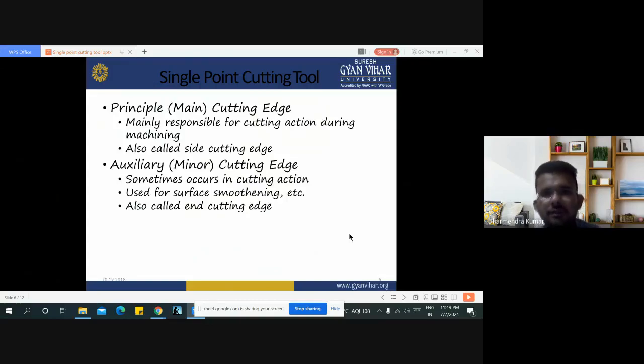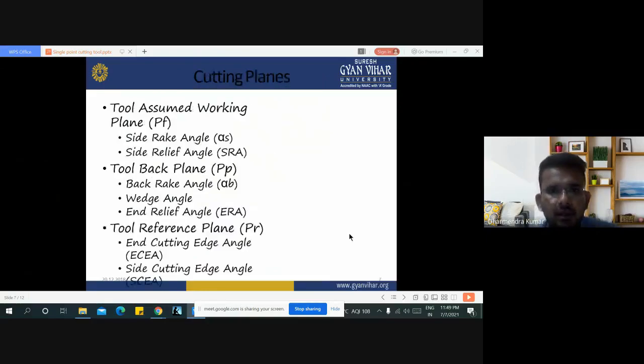The auxiliary or minor cutting edge occurs in some cutting action, and it is used for surface smoothing. It is also known as the end cutting edge. These are the various assumptions of the cutting plane where we can apply the single point cutting tool on a lathe machine for various machining processes like facing, turning, chamfering, etc.